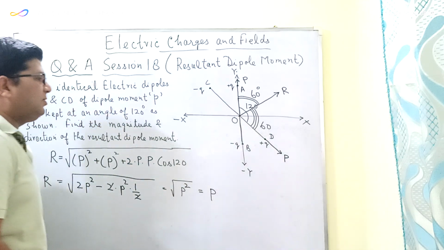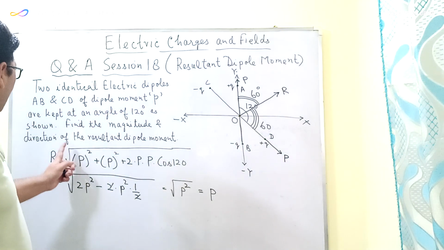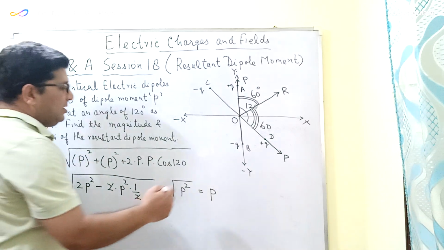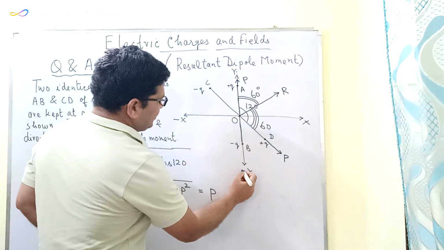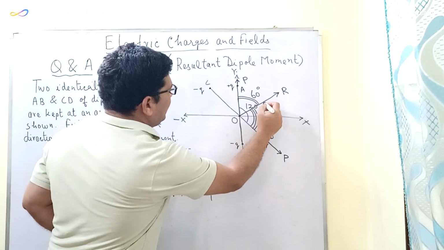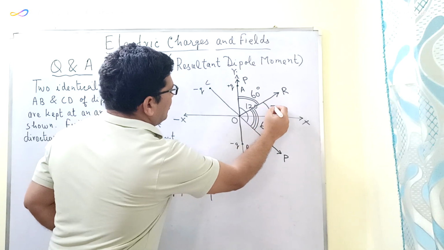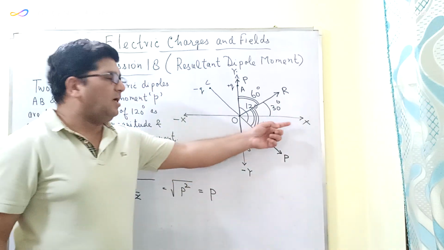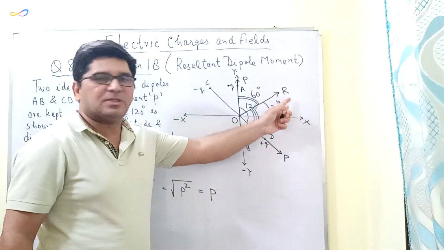So if I want to mention the direction of the resultant dipole moment, I can say that it will be making an angle of 30 degrees with the positive x-axis as shown in this figure.